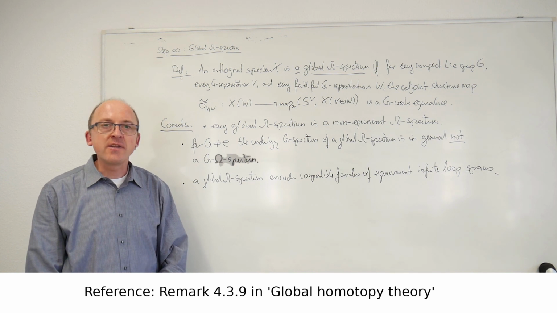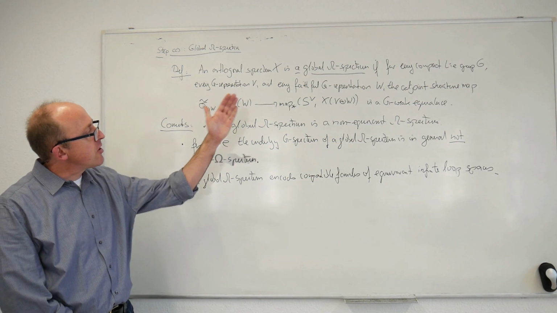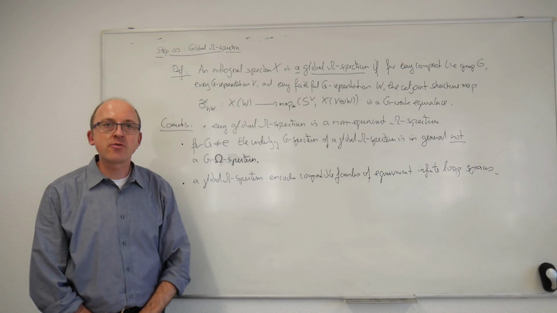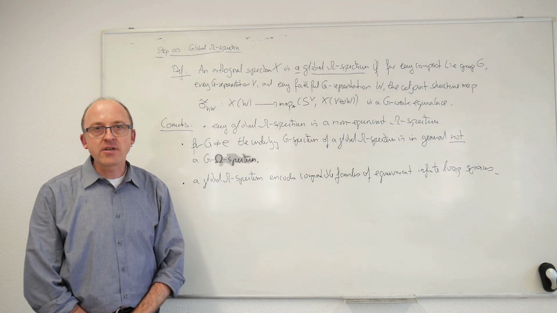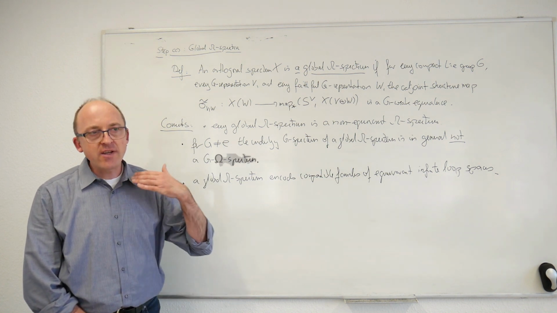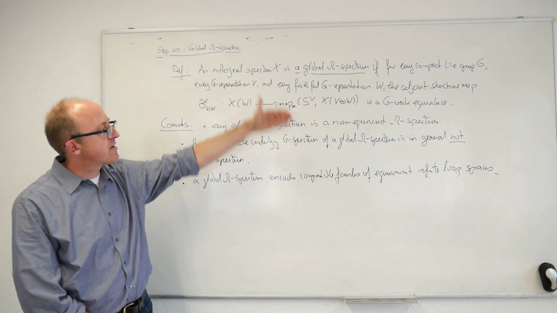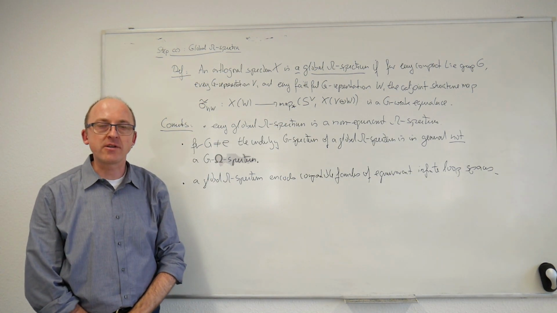The final comment is that because a global omega spectrum is such a rigid and such a strong structure, you don't find them very often in nature. It is extremely rare that something you can write down in closed form actually has this strong condition as a global omega spectrum.